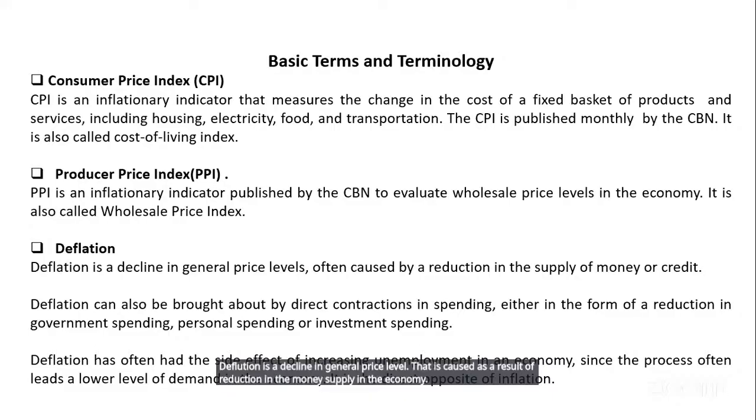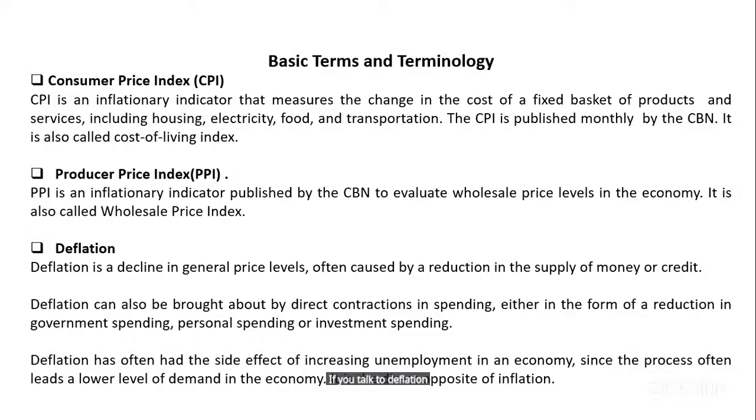By the time you are trying to control inflation, indirectly you are trying to get deflation. Because when you are trying to control inflation, you are trying to mop up the excess money, the excess liquidity in circulation. It turns to deflation.